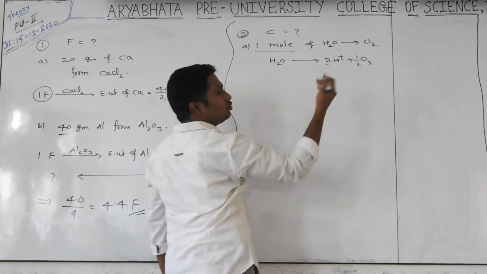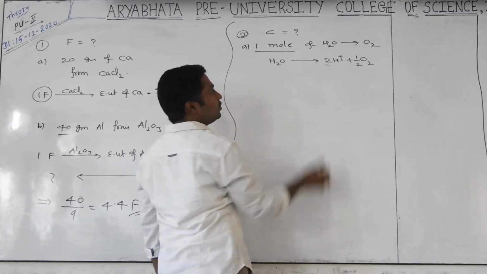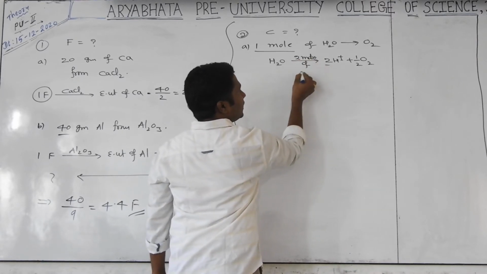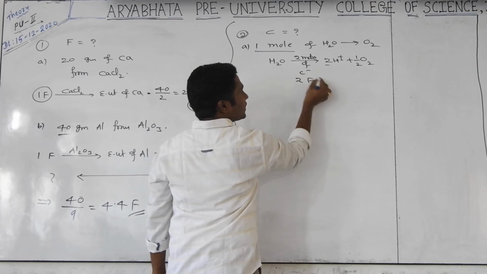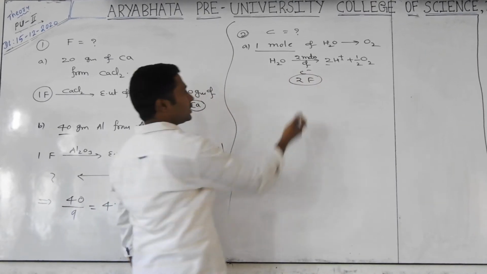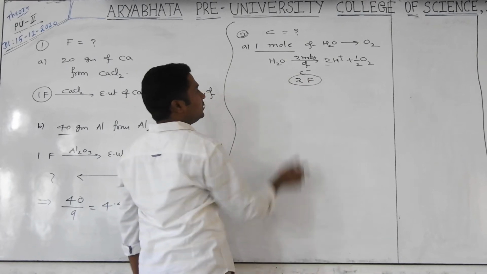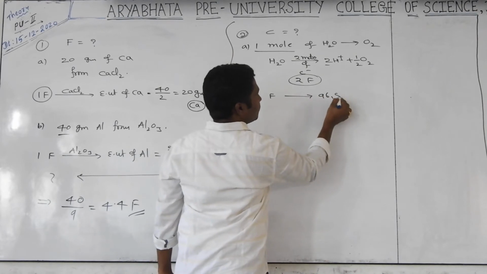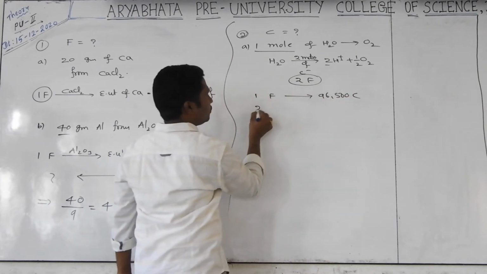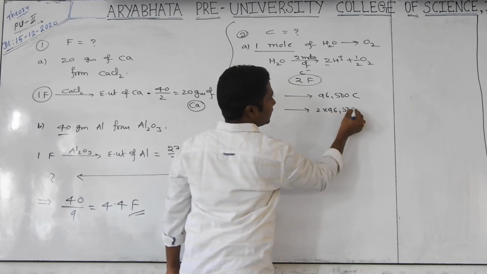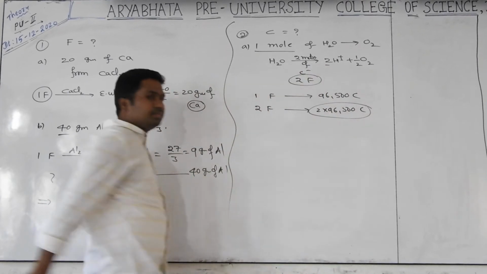Plus 2 means 2 moles of electrons are being lost, which indirectly means 2 Faradays of current are being released. Convert that into 2 Faradays. So 1 Faraday is equal to how much? 96,500 coulombs. Then 2 Faradays means 2 into 96,500 coulombs is the answer.